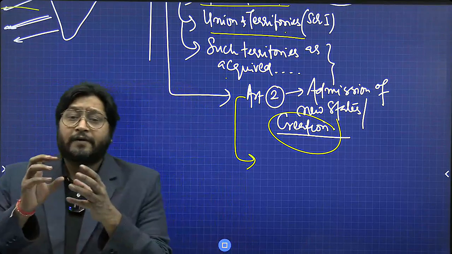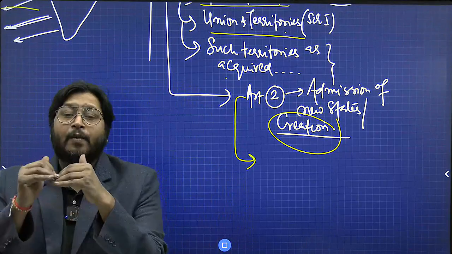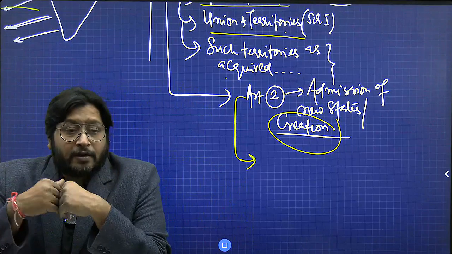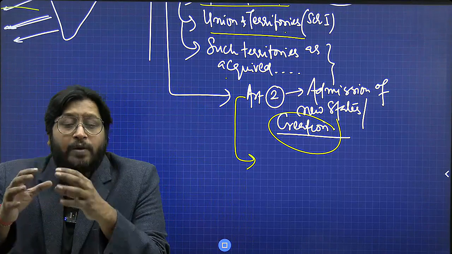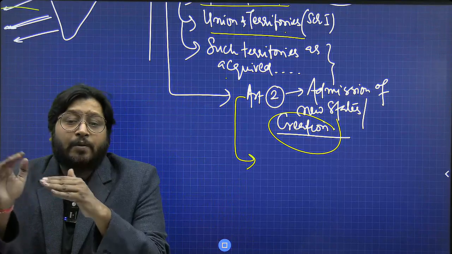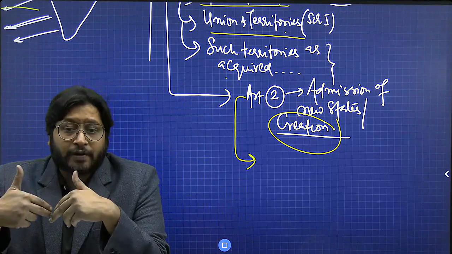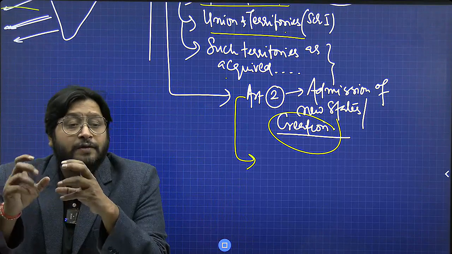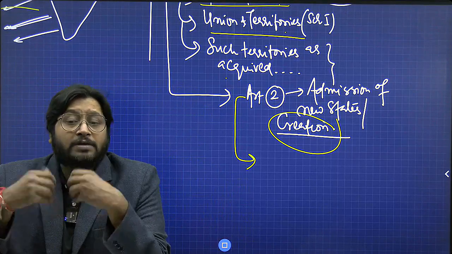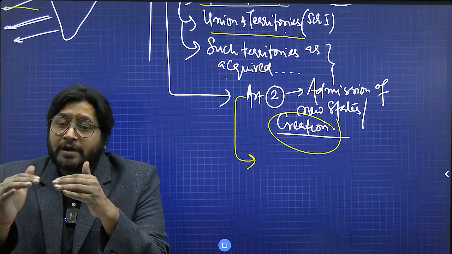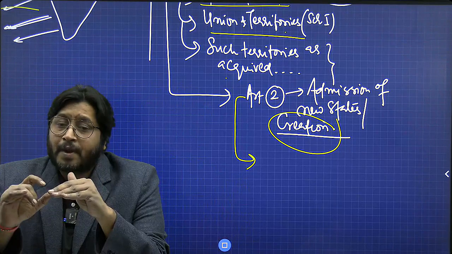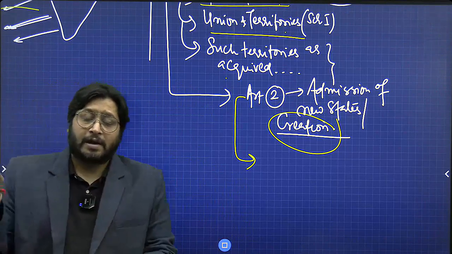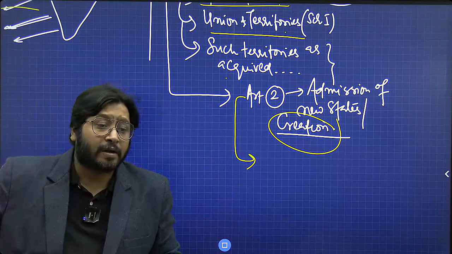The moment you become a state or a territory, you acquire the right to be treated at par with others. But here, under Article 2, this is a unique discretion given to Parliament that it will decide the status of this territory. And this territory will not demand, like the other states, a similar status as they are being given.